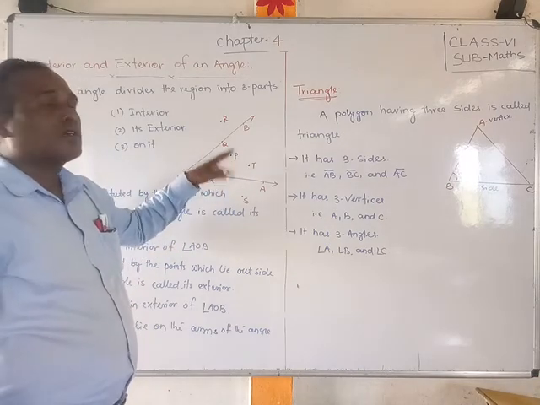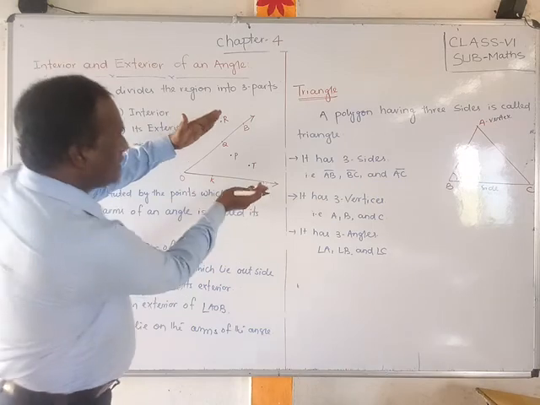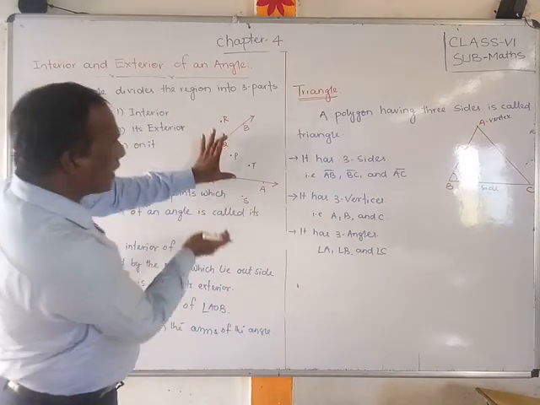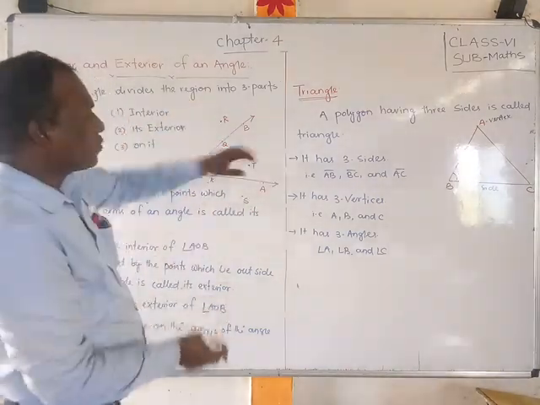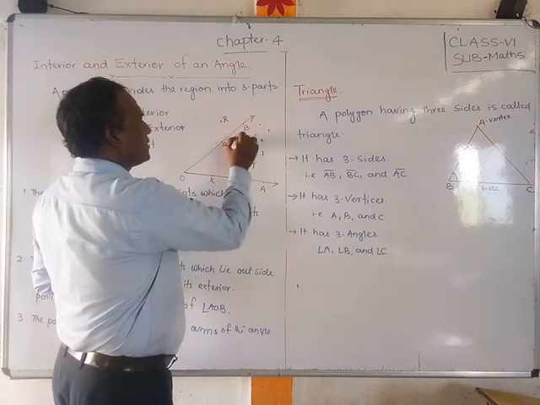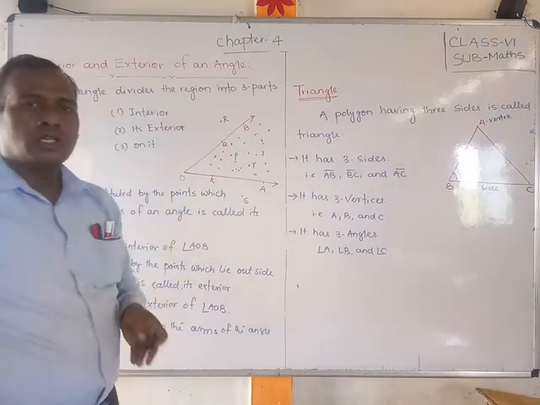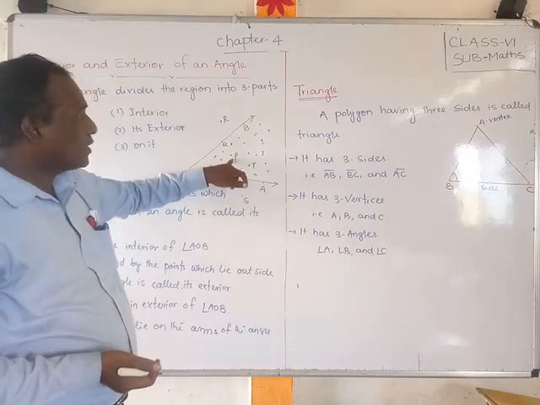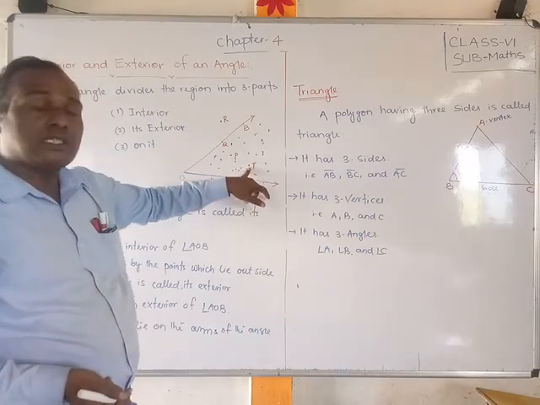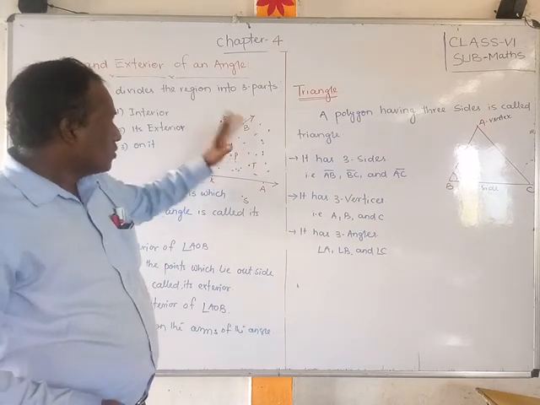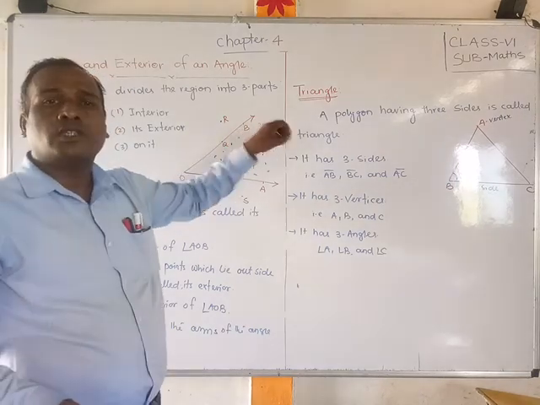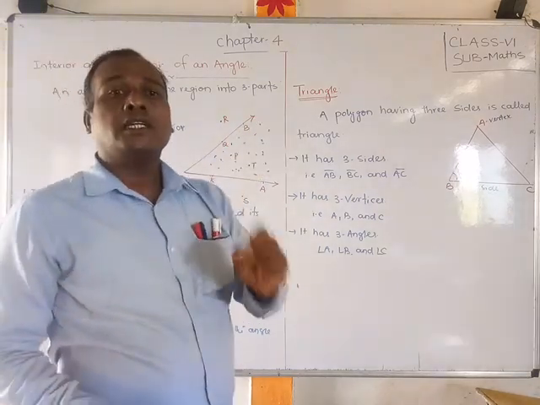These points are interior because they are inside the two arms of the angle. Many such points are there, and they are called interior points.